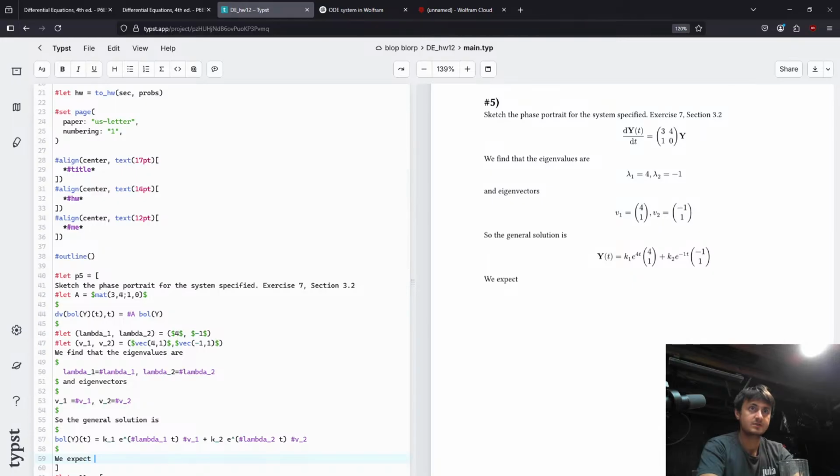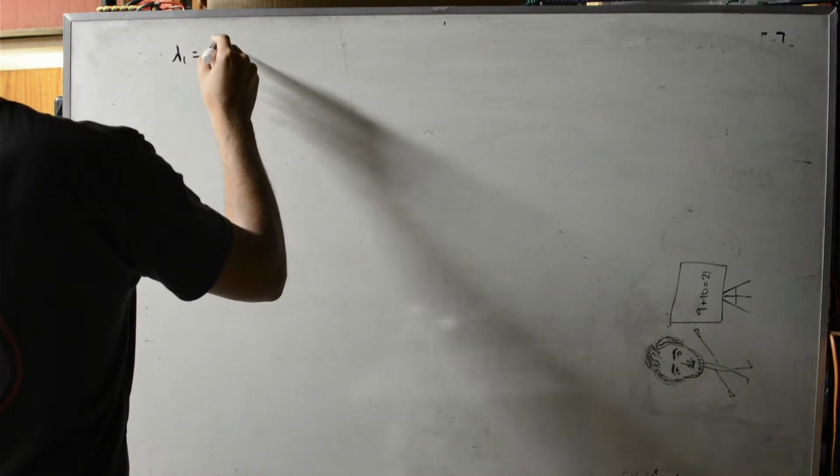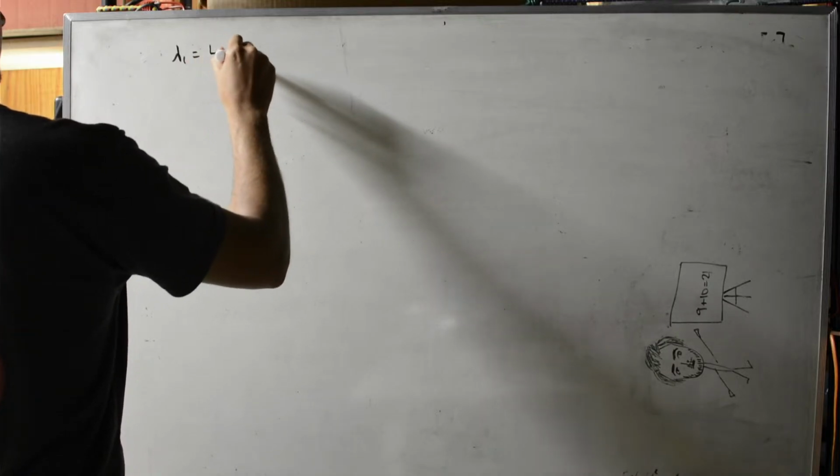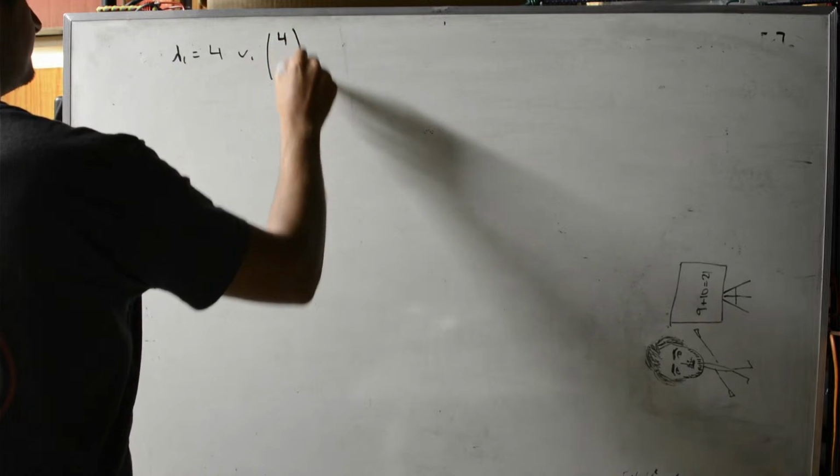Okay, so we expect our phase portrait. So wait, if I were to just plot this, ooh, I got this. Nice. All right. So for our system we have lambda 1 is equal to 4 and v1 is equal to 1, 1.